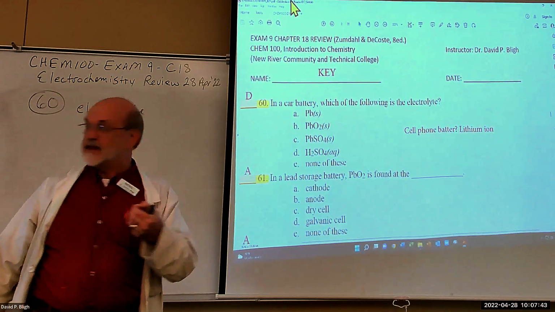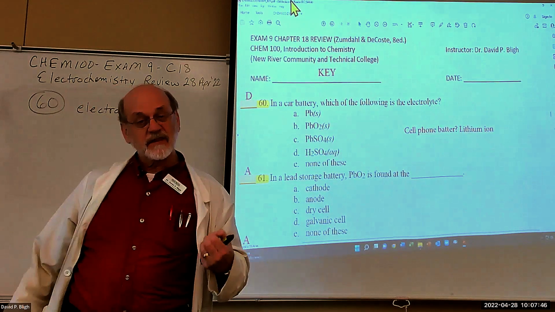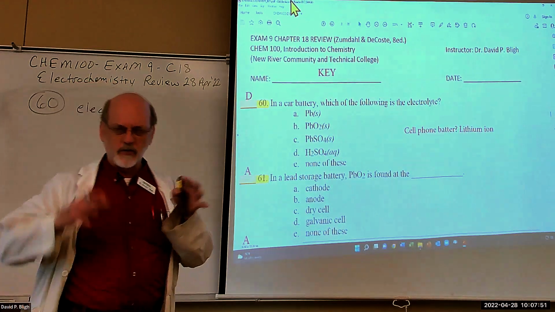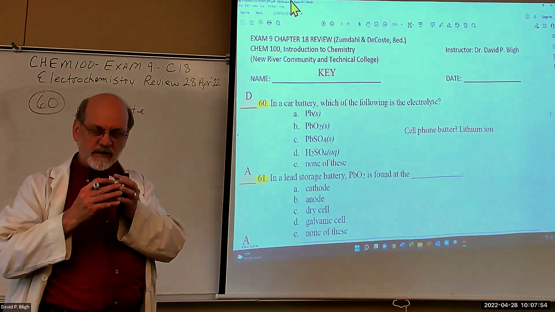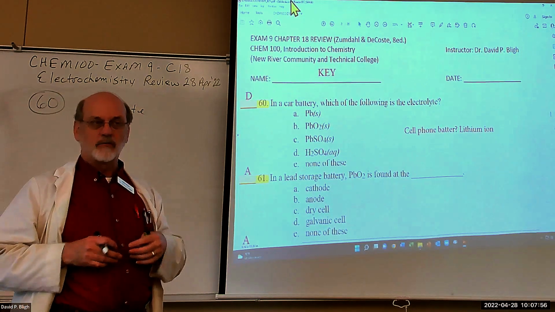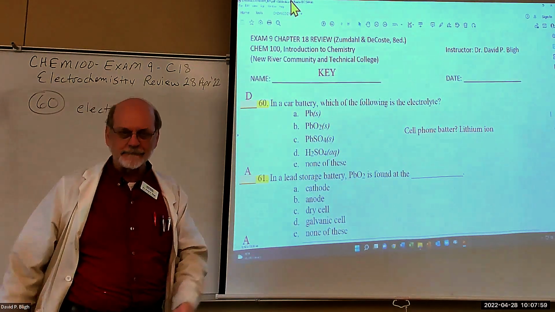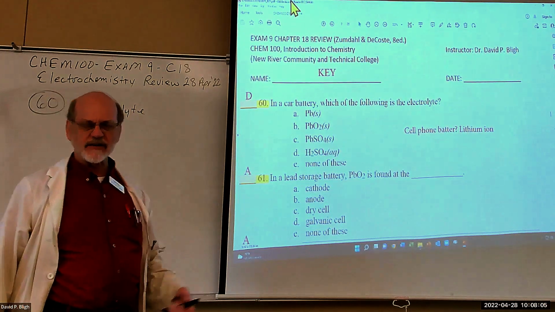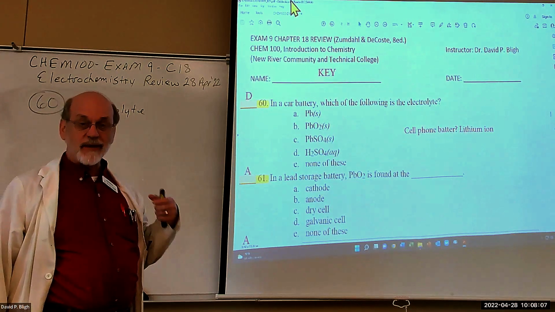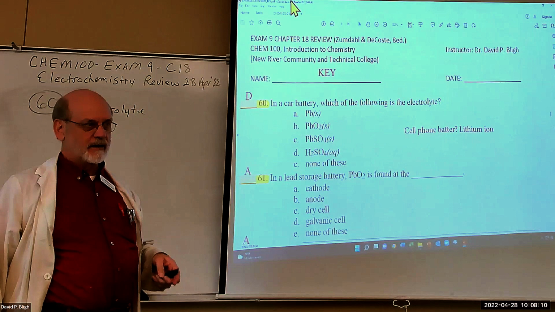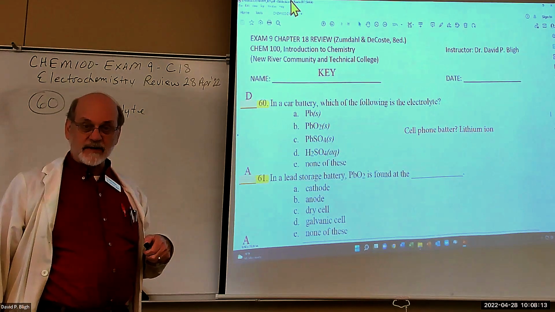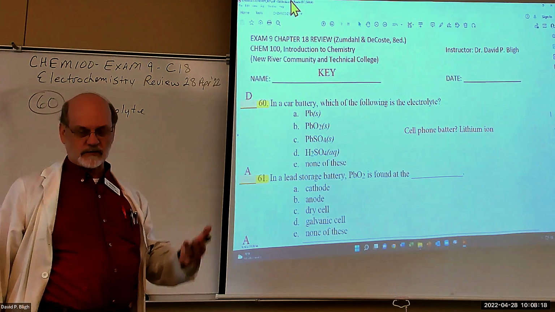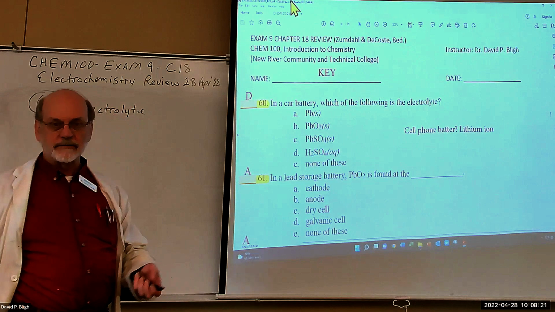And since lithium is the third element in the periodic table, it's very light, takes up a very small amount of room. You can pack a lot more lithium ions together than you can for lead. And with the sulfate and lead oxide, they take a lot of room and they weigh a lot. So the energy density for a car battery is very low. But a lithium ion battery needs to be light and have lots of energy in it. That's why they use them in cell phones and computers.